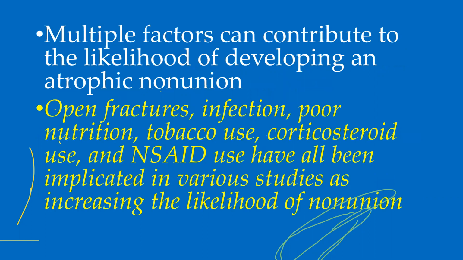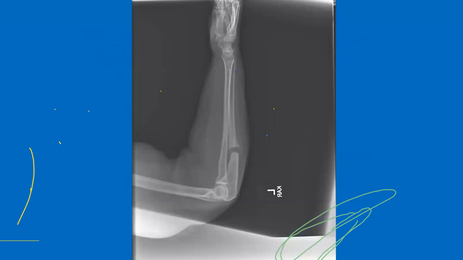Multiple factors can contribute to the likelihood of developing an atrophic non-union. Open fractures, infection, poor nutrition, tobacco use, corticosteroid use, and non-steroidal anti-inflammatory drug use have all been implicated in various studies as increasing the likelihood of non-union.